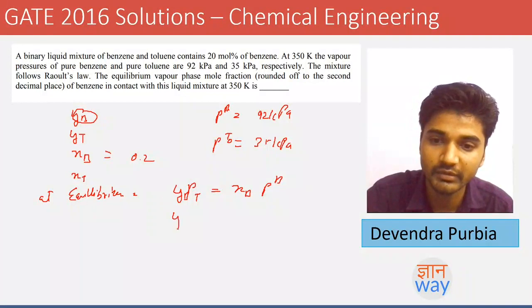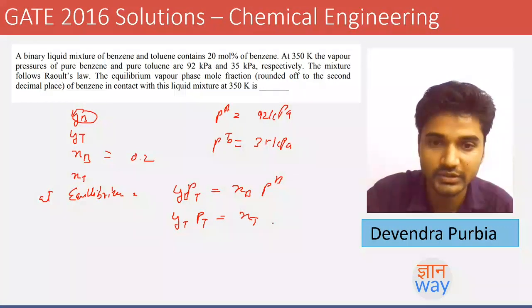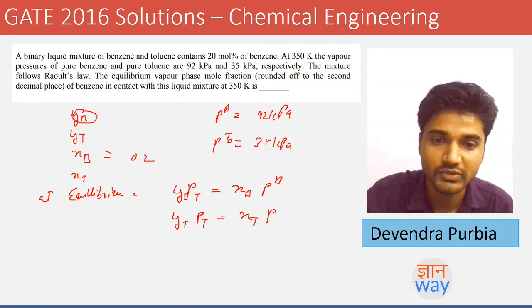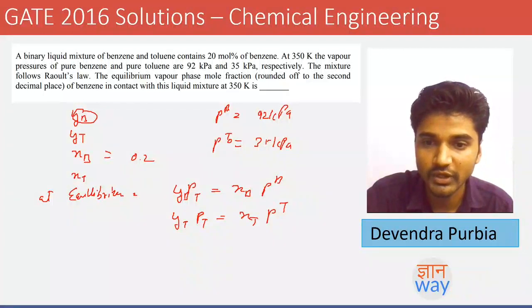Similarly for toluene, yt times P total equals xt, the mole fraction of toluene in liquid, times the vapor pressure of toluene.